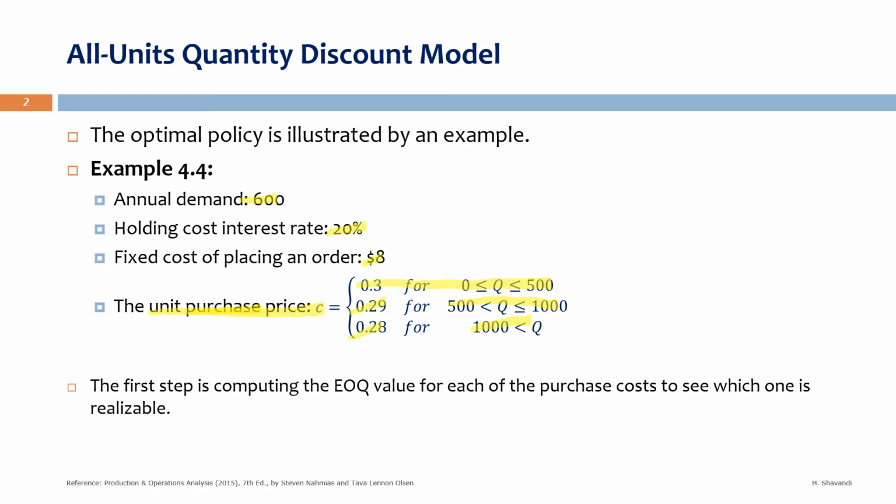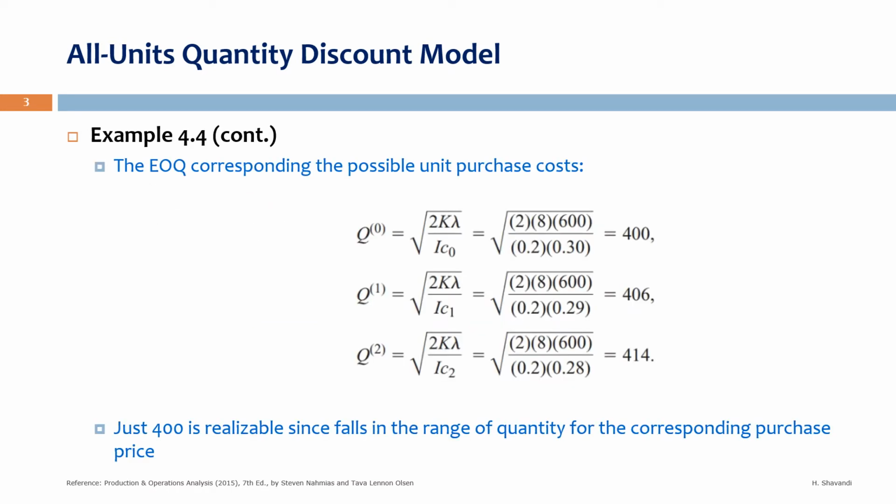Okay, so given that the unit purchase price is dependent on the order quantity, what could be the optimal quantity for ordering? To solve this problem, as the first step, we consider the unit purchase prices separately, and then solve separately for the EOQ, to see if the EOQ, I mean the optimal ordering quantity, lies in the corresponding interval for that unit purchase price or not.